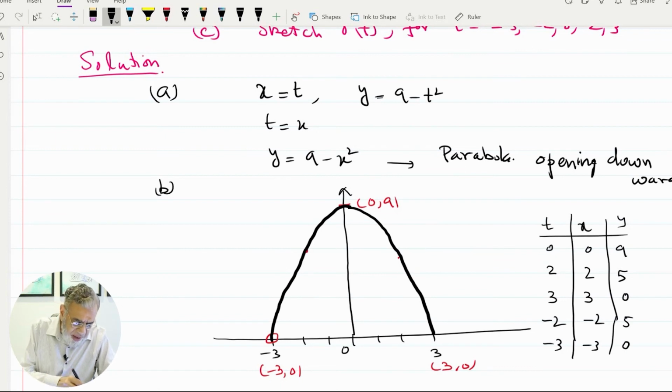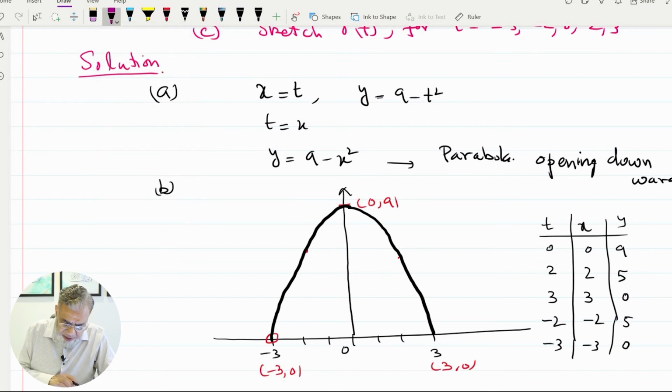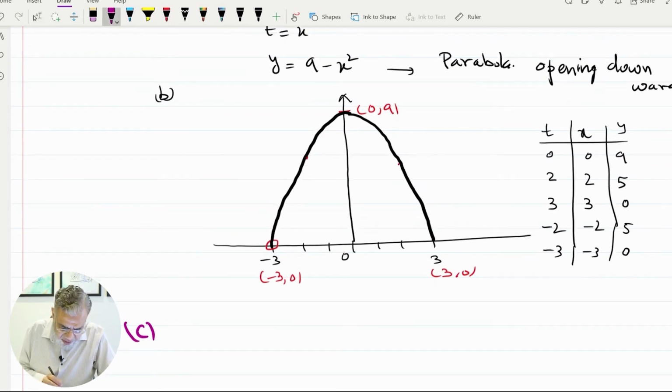Then number 3, I just take this color, and I want to find the vectors. Here number C, I want to find the vectors when t equals 0. r0 is equal to 0, 9.